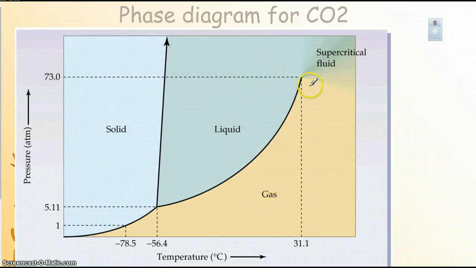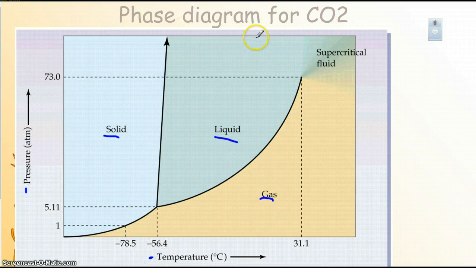Let's look at this. This is a phase change diagram. For the phase change diagram, there's one of these diagrams for every single piece of matter that we know of, because every single piece of matter could be a solid, could be a liquid, or could be a gas. It really just depends on the pressure or the temperature.